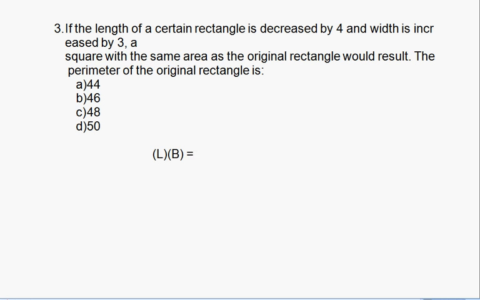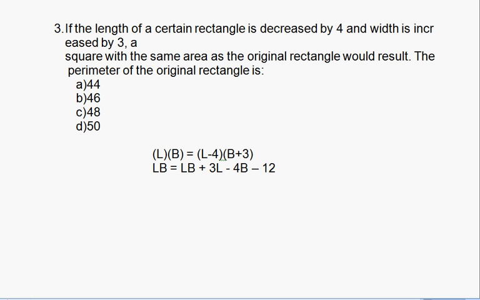When we decrease 4 from length and add 3 to width, the area remains the same, right? So let's simplify this: LB is equal to LB plus 3 times L minus 4 times B minus 12, right?